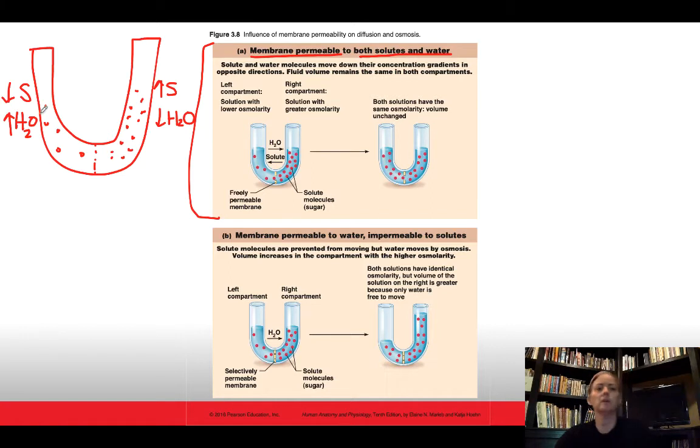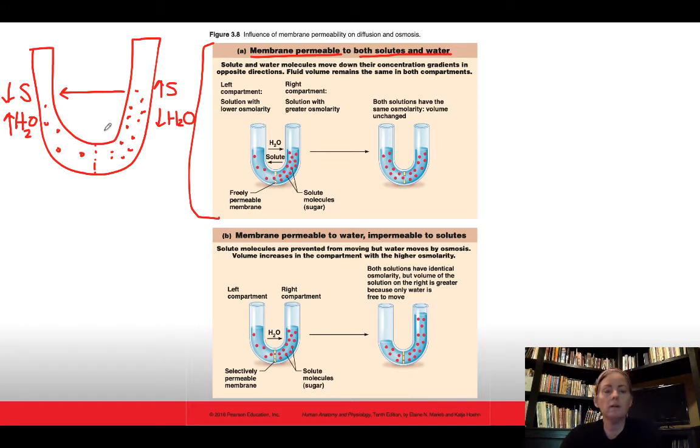Okay, so if we look at these two independently, we have free movement from side to side of both. What direction are the solutes going to move in? The solutes are going to want to move from their area of high concentration to their area of low concentration. So the solutes are going to want to move from right to left because they want to go from their high concentration to their low concentration.